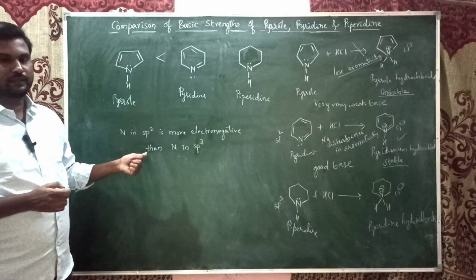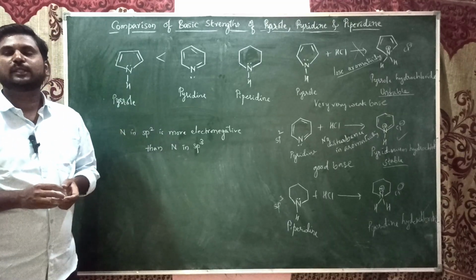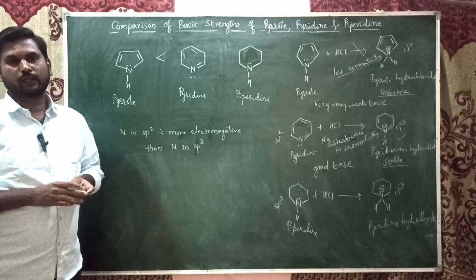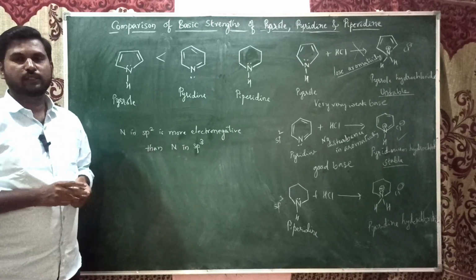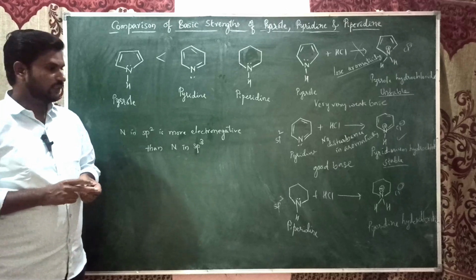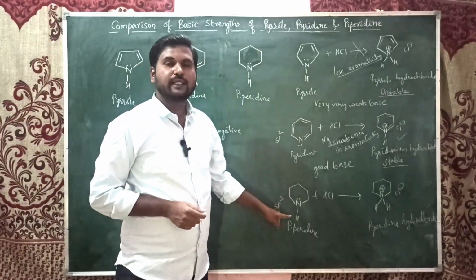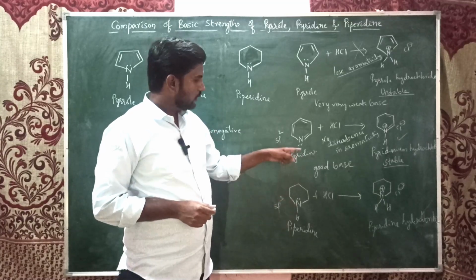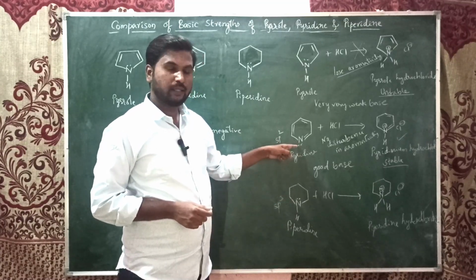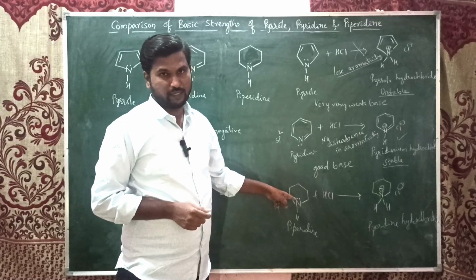Please remember this one. Here you see, this is sp2 hybridized, this is sp3 hybridized. So these electrons are in sp2 hybrid orbitals, these are in sp3 hybrid orbitals.